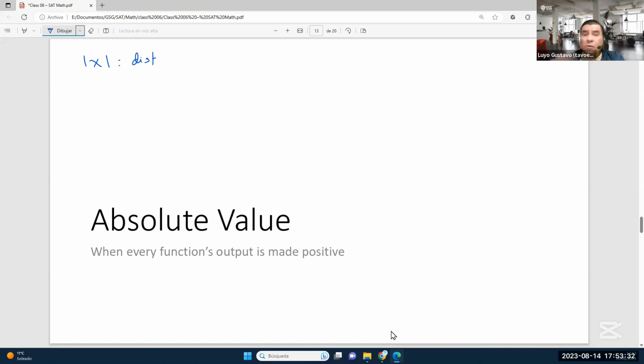Since distances are always positive, no matter to which side of 0 x is located, the distance from this number to 0 will always be positive. So when the number itself is positive, its distance to 0 is simply the same number. But if the number is negative, its distance to 0 is the result of multiplying that negative number by -1. So negative x gives you the distance, or the absolute value.